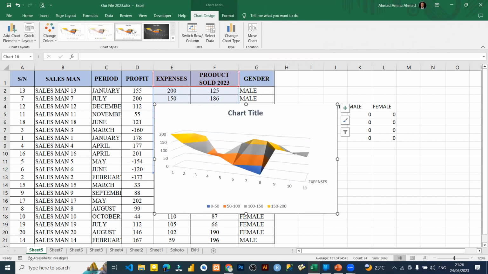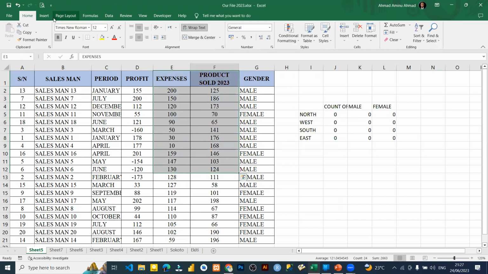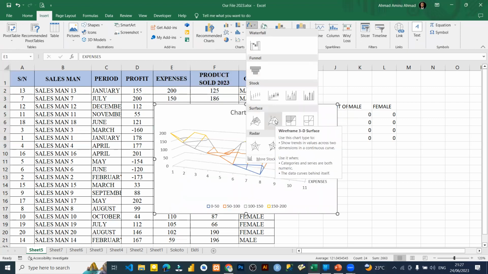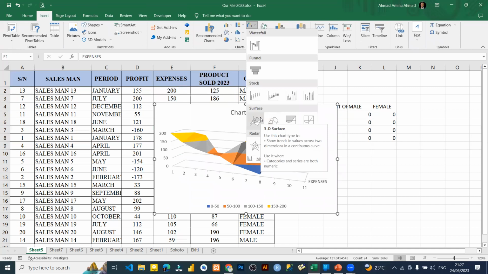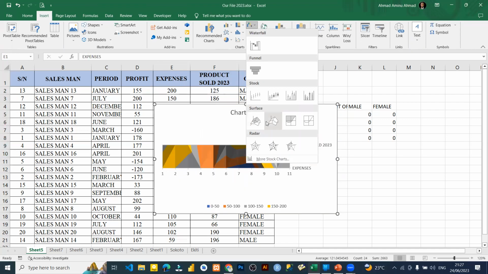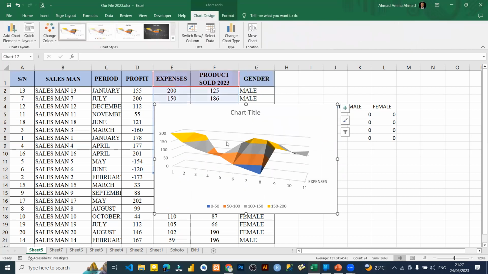I saw some people use it, but I don't know why they are using it, so go ahead and learn about it. Most of the time, the chart shows a trend in values across a particular dimension. That's what it shows, but I don't know how you can translate this.